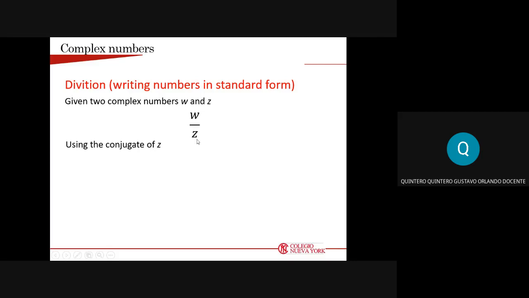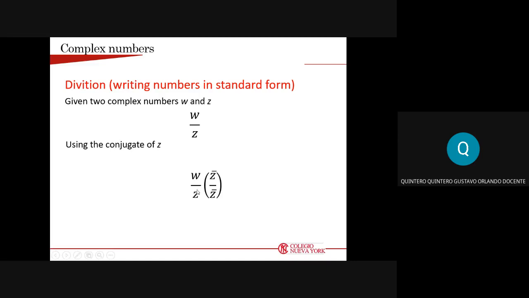So no matter what the denominator is, we are going to find the conjugate of the denominator. All right? And how are we going to use that conjugate? Simple. We're going to multiply up and down by the conjugate of the denominator.